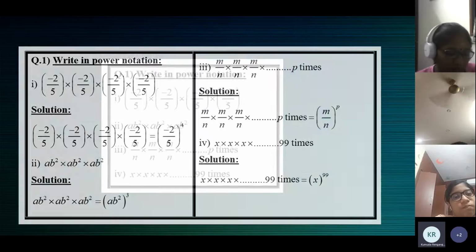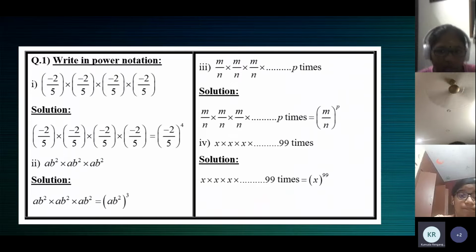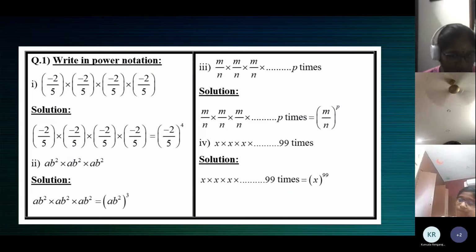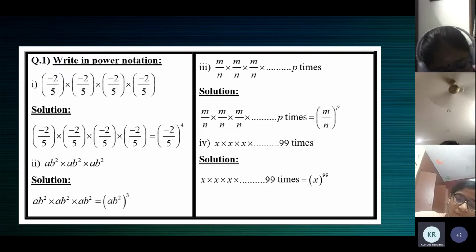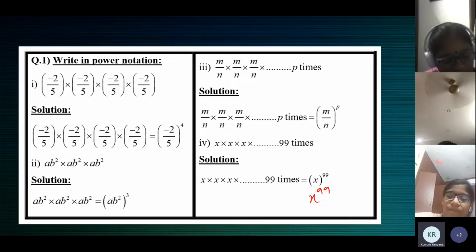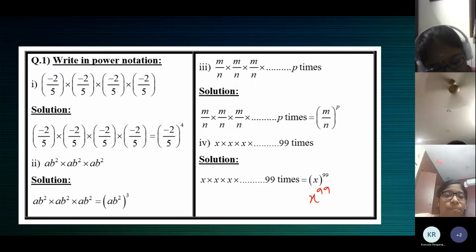Yes, children, see the answer. Please write it down. If you've already worked it out, check your answer. It can be x to the power 99. Not that you should put the bracket; simply x to the power 99. But in all other places, the bracket is important.